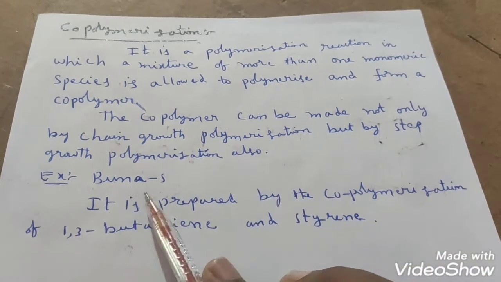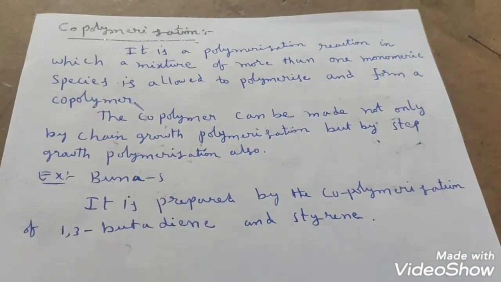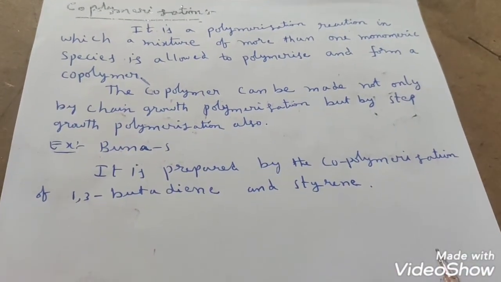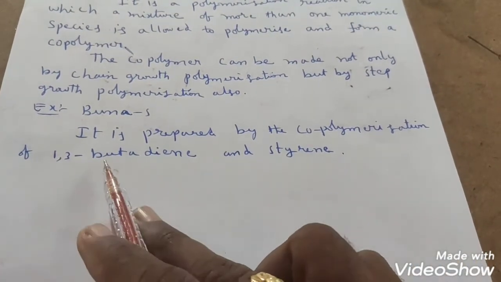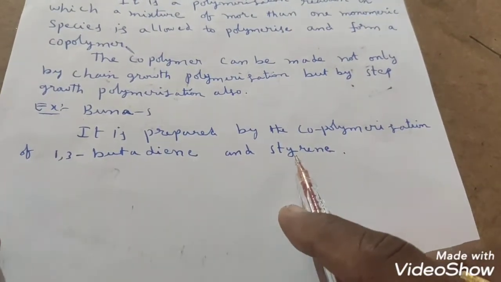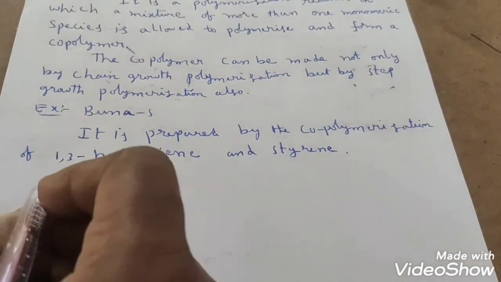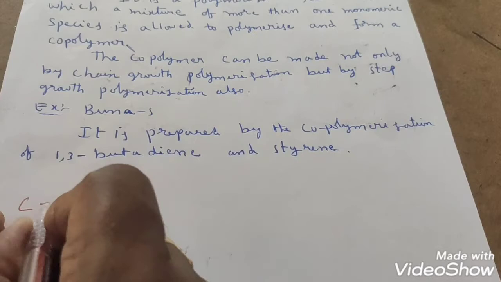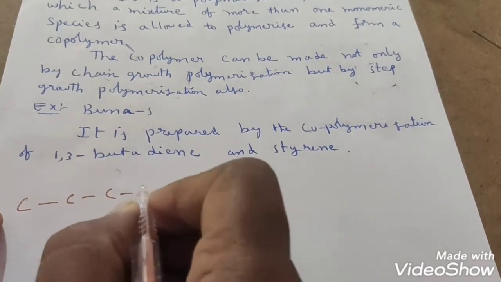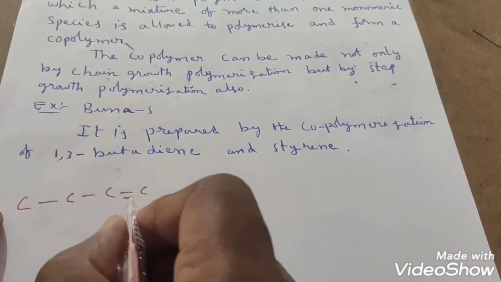So what is the example of copolymerization? Buna-S. So what is the Buna-S preparation? It is prepared by the copolymerization of 1,3 butadiene and styrene. What is the structure of 1,3 butadiene? Butane means how many carbons? 4 carbons, right? On which positions are double bonds present?